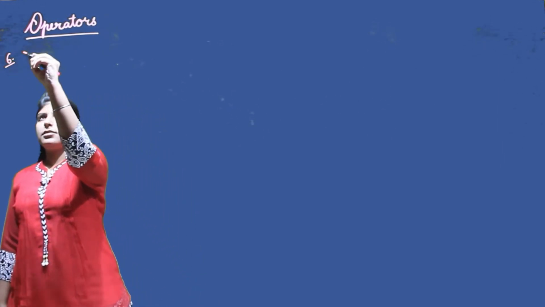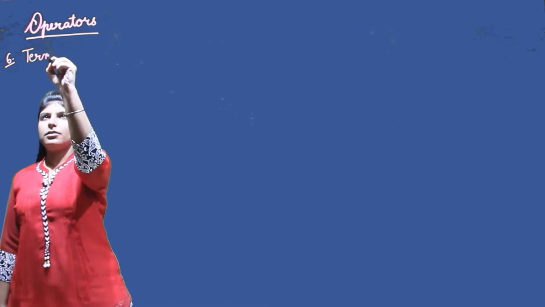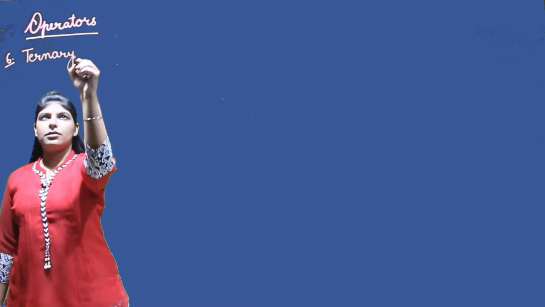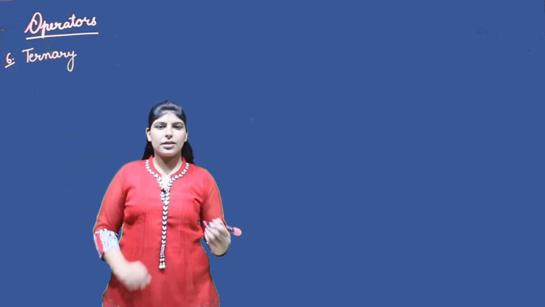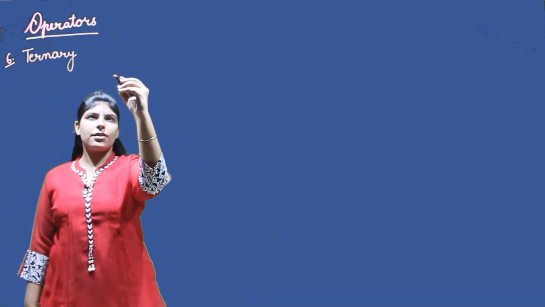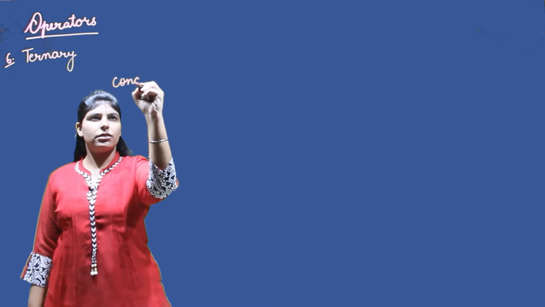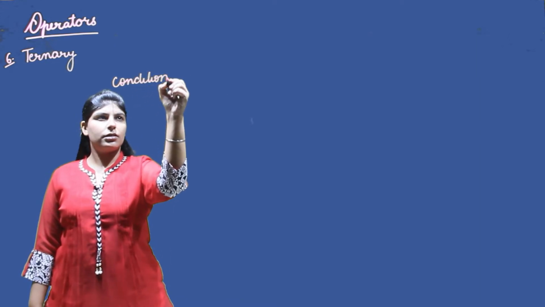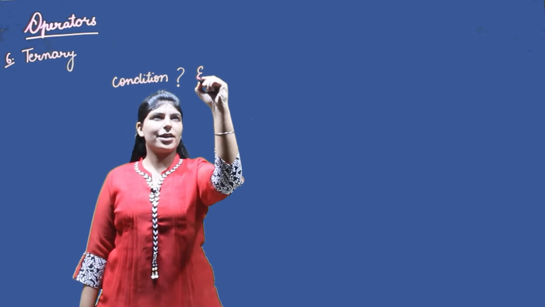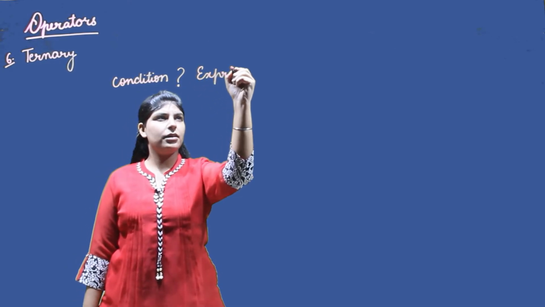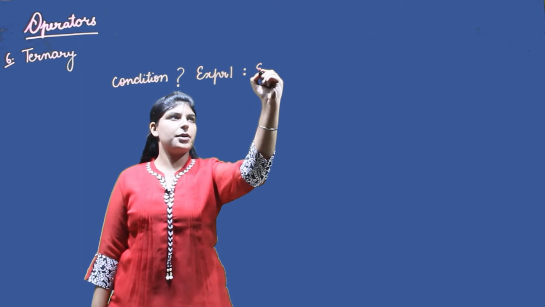Next we have ternary operator. Ternary means 3. So ternary operator takes 3 operands. It is used as, first we write a condition, then we give question mark, we write 2 expressions. So expression 1 colon expression 2.